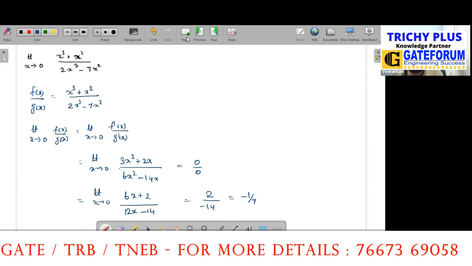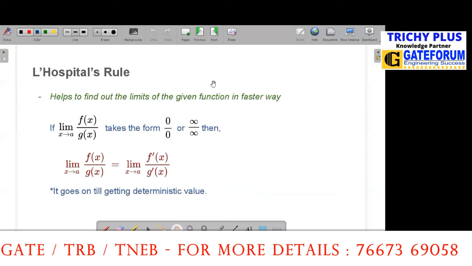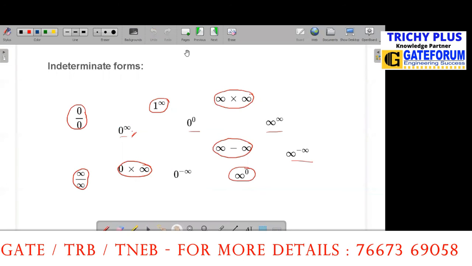Okay, you want to see the homework sum? Which one did I give? Homework, indeterminate form sum.